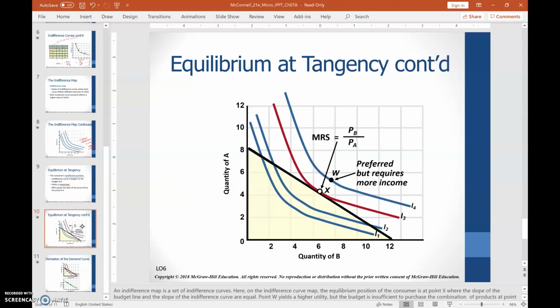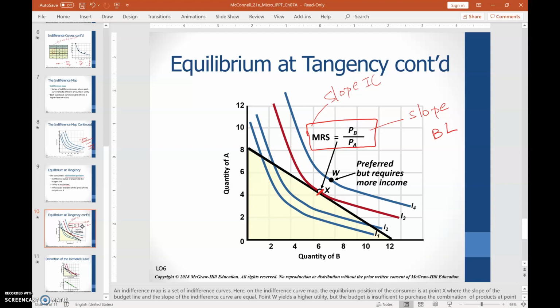And at this point, the slope of the indifference curve is going to be equal to the slope of the budget line. So point X is my equilibrium point here. The reason for this is the indifference curve is tangent to the budget line.